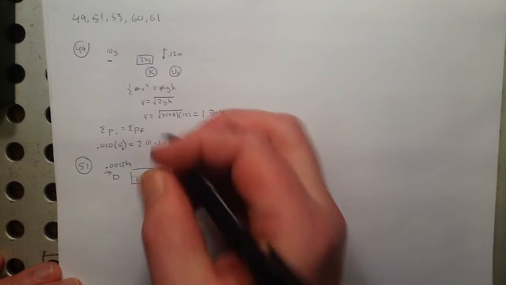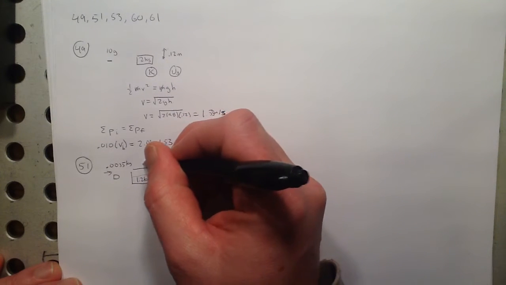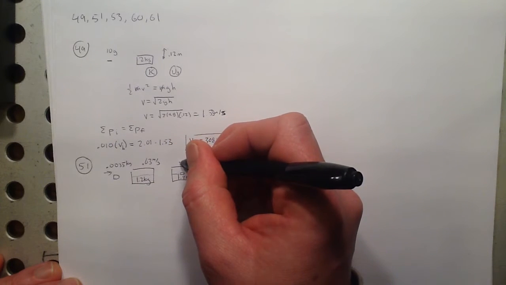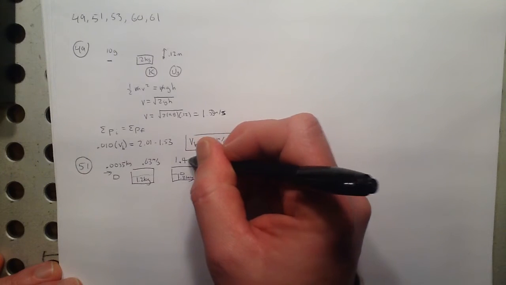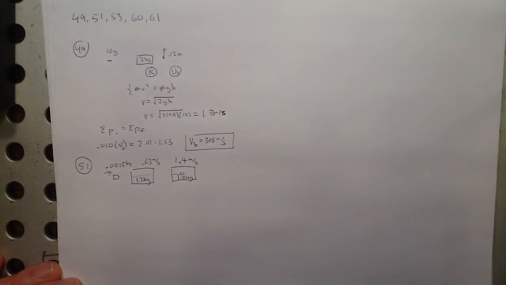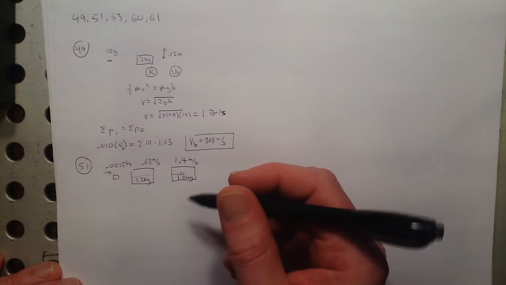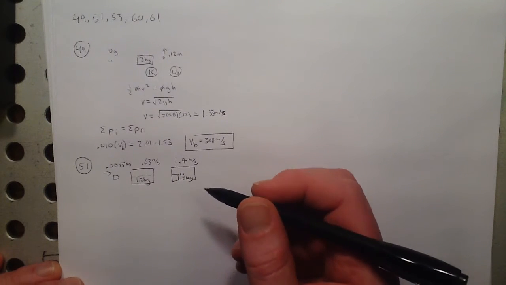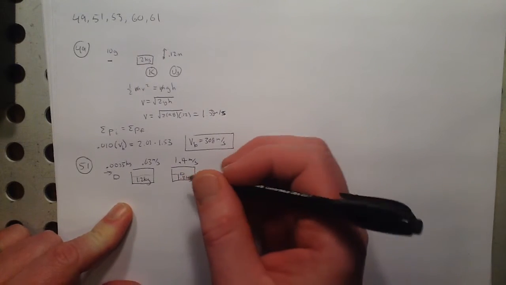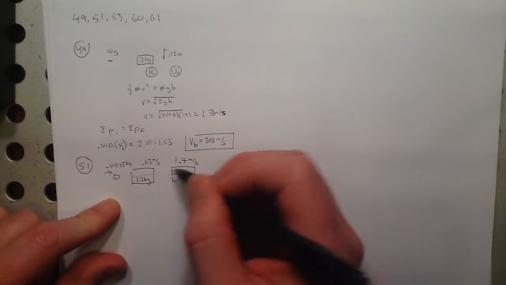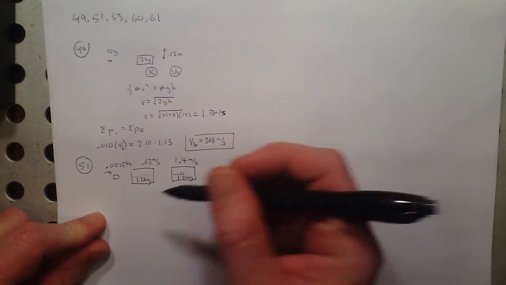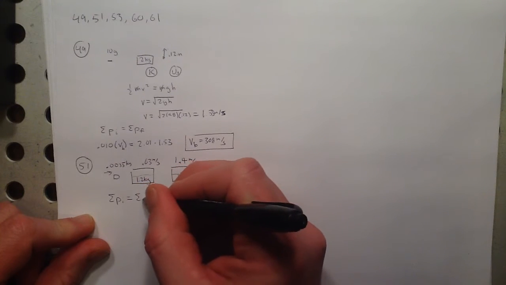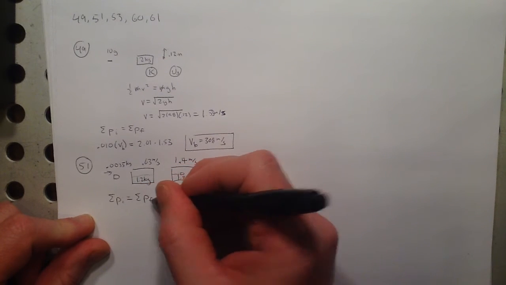And the blocks end up with speeds of, this one has a speed of 0.63 meters per second after the collision, and block 2 has a velocity after the collision of 1.4 meters per second. So neglecting the material removed from block 1 by the bullet, find the speed of the bullet as it leaves and enters block 1. So we need to work backwards here. I do know that momentum is conserved. So the initial momentum of the bullet must equal the final momentum of everything.